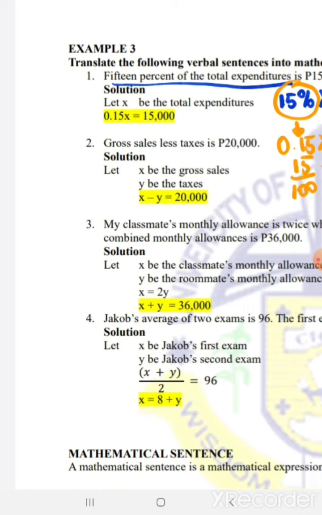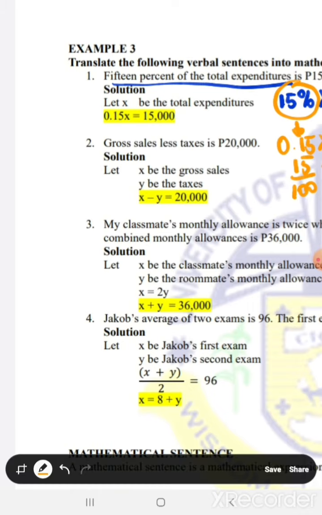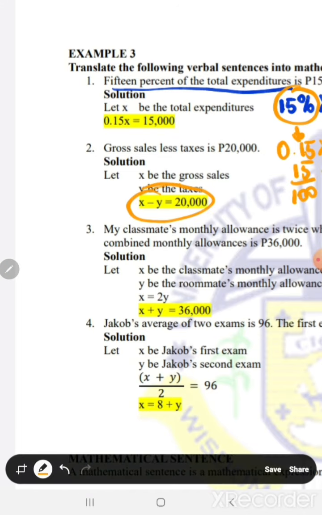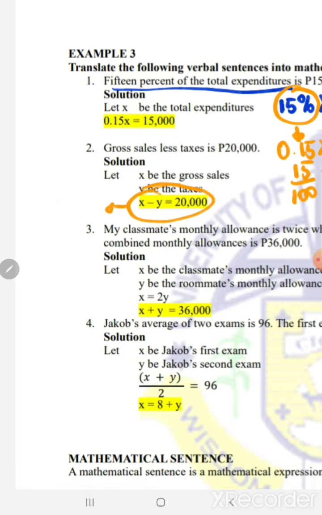Next is your gross sales less taxes is 20,000 pesos. In this example, we are proposing the value of gross sales and taxes. But in this situation, you are already prepared for the first equation. One equation.